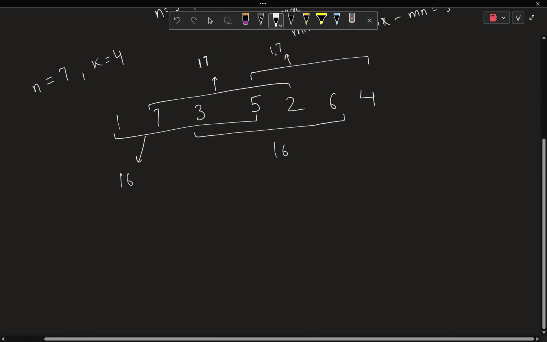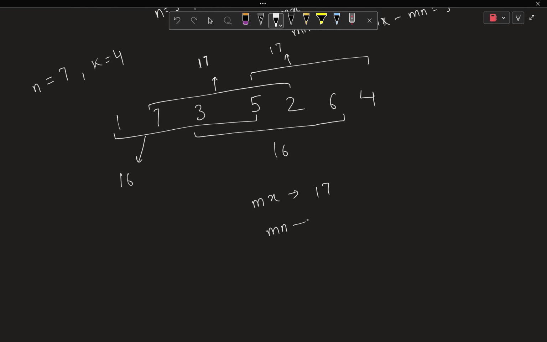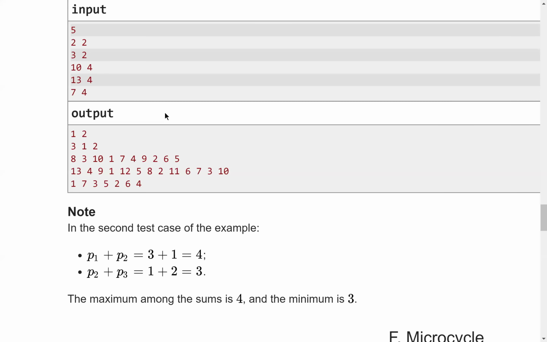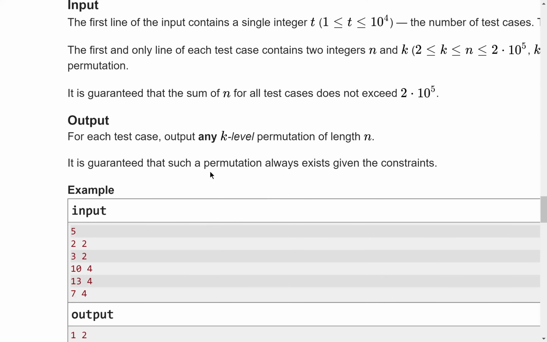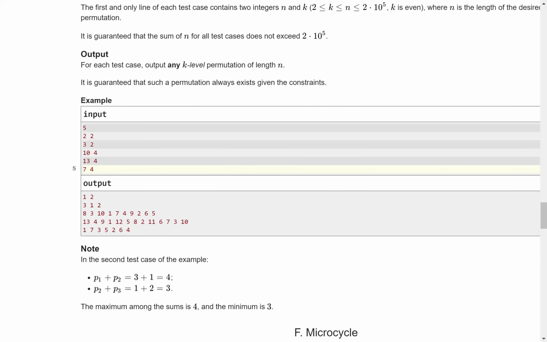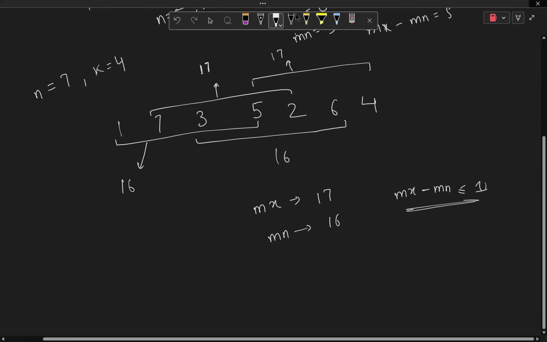The maximum here is actually coming out to be 17 and the minimum is coming out to be 16. Mx minus mn here is less than or equal to 1. This condition has been satisfied. So this is a k level permutation. Now do you understand how a k level permutation would look like?